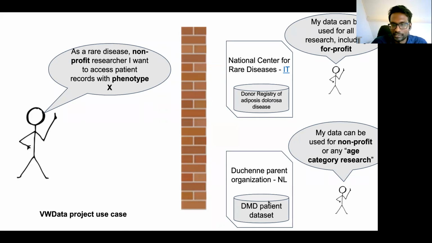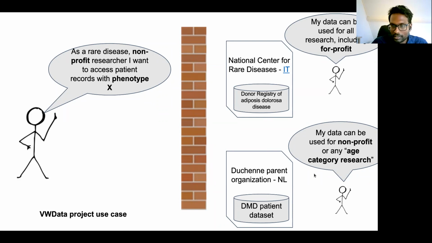Here I depicted a picture of two registries. As you can see, in the Italian registry, the data provider is super cool: anyone can access this data, including for-profit research. And this other data set depicts a registry in the Netherlands.